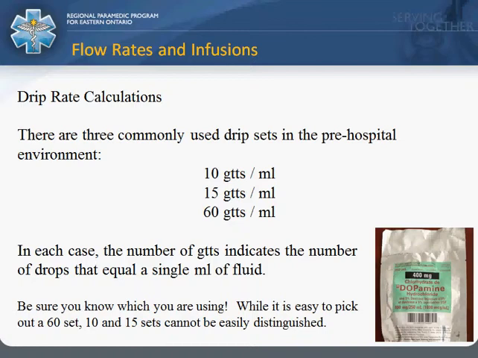So of our 3 examples, 10 drops per mil means 10 individual drops through that drip set will equal 1 milliliter of fluid. Be sure which one you're using. I think most of us could hold up a 10 set and a 60 set and tell them apart, but a 10 and a 15 set cannot be easily distinguished, so make sure you know what you're working with.